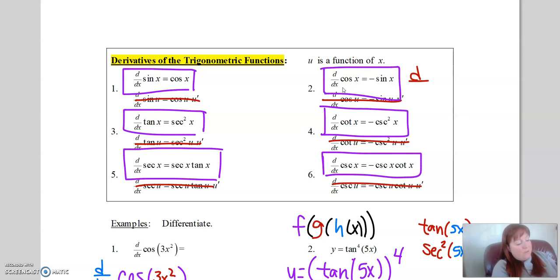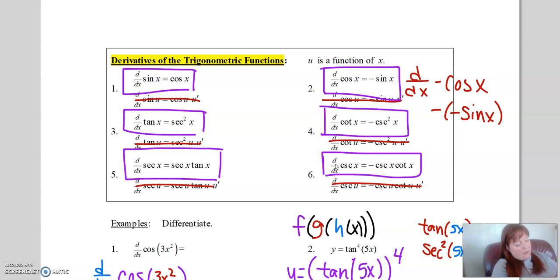The derivative of negative cosine is negative sine, which is positive sine, right? So if I saw positive sine, I know the integral would be negative cosine. If I saw positive cosecant squared, I know the integral would be negative cotangent. If I saw positive cosecant cotangent, I know my integral would be negative cosecant.